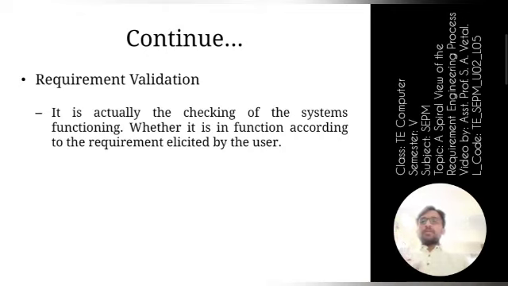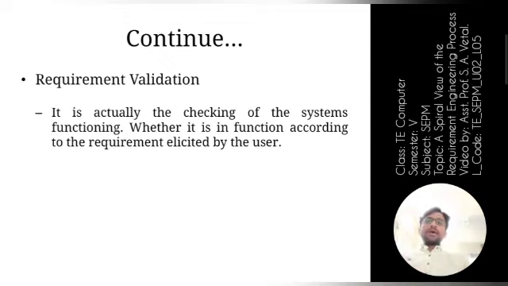After this requirement specification, obviously the next activity that we are going to perform is requirement validation. In this requirement validation, we are going to check the system functioning. With the help of this checking, we are going to check whether that system is functioning according to the requirements that we have elicited in our second activity, or that are elicited by the user.